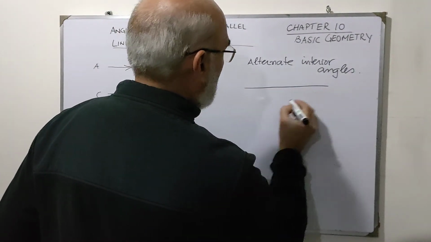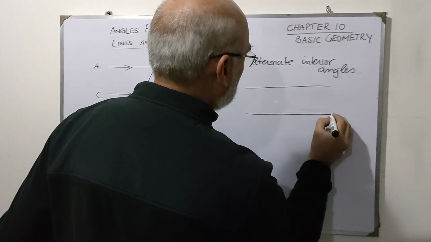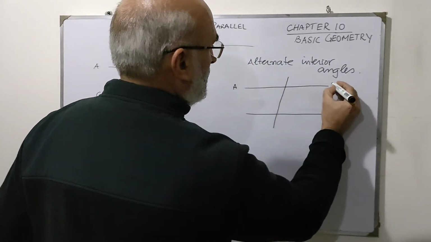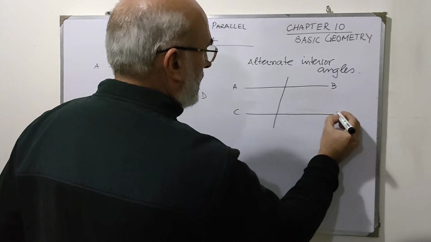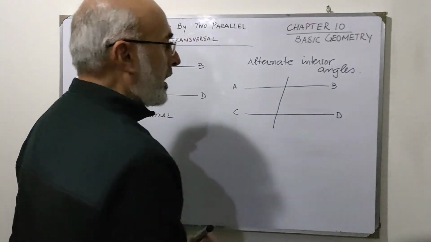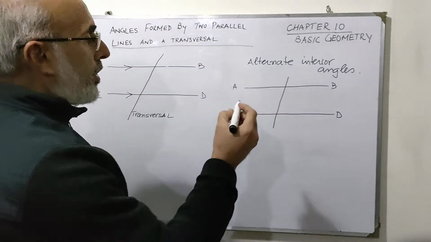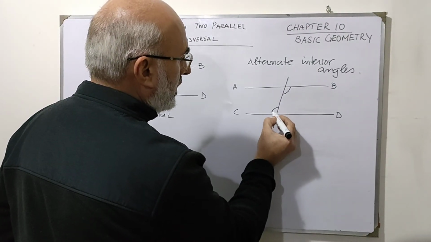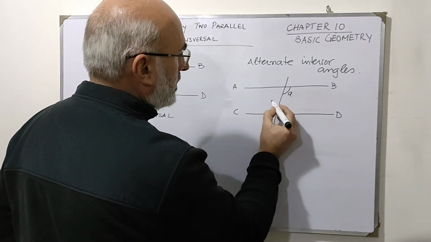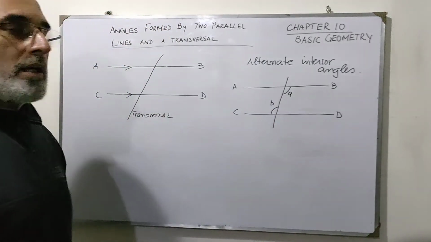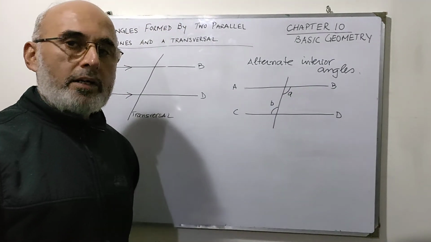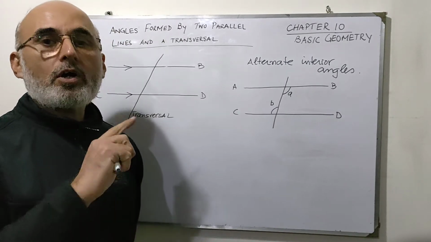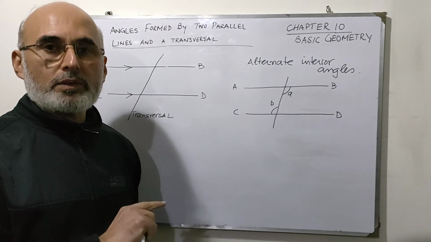If I have these parallel lines A, B, C, D, the alternate interior angles are, if I have one angle this and one this. This is A, this is B. So the alternate angles are within the parallel lines and on the opposite side of the transversal.